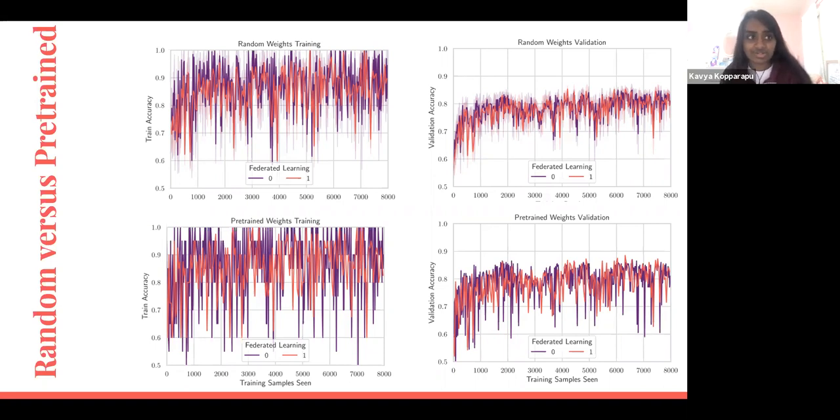Again, our actual classification task is cats versus no cats, and that's what these graphs are on. You can see that there honestly isn't a significant difference between the validation accuracy of the random weights model and the model pre-trained on dog versus no dog. If anything, the random weights had less variability.